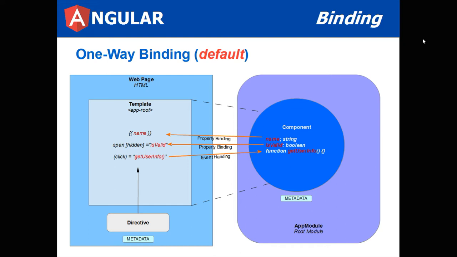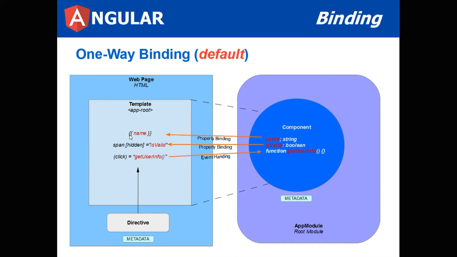What does this look like architecturally? Angular 4 supports one-way binding by default. So you could have a web page and an app root, and here's your Angular application. It's really a component template, where you have a component with attributes and you use directives to bind those attributes in the template.